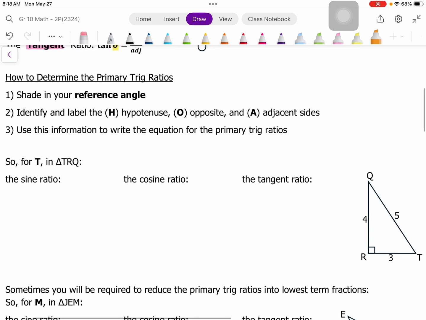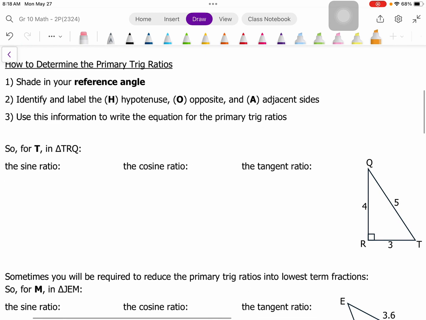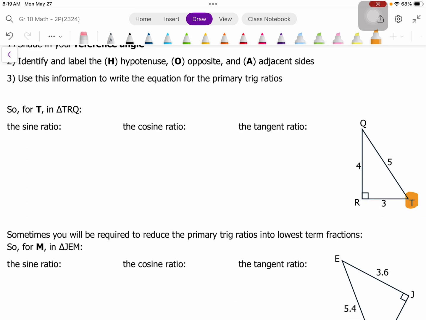To write our primary trig ratios, we are first going to shade in our reference angle. In this first question, it's angle T in triangle TRQ. Here is my reference angle. That's what I'm going to use to determine my opposite, adjacent, and hypotenuse, as we did in a previous lesson.